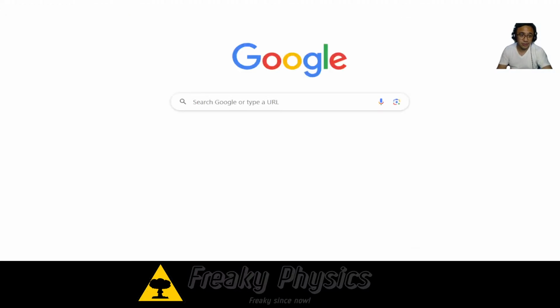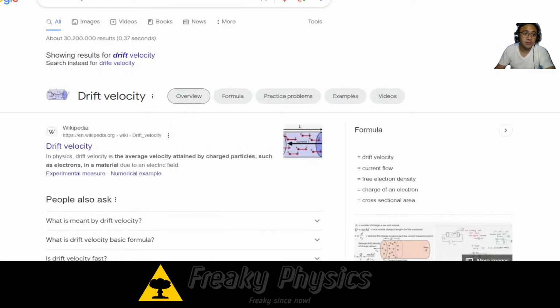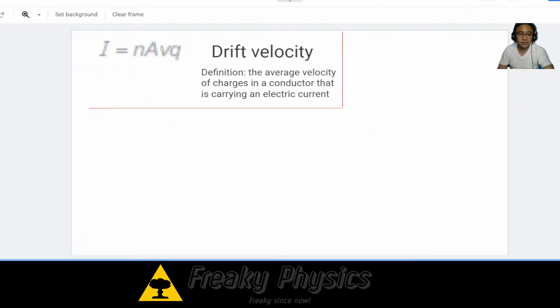Let me get a particular image first. Let's keep it easy to see. This one is from Wikipedia, so it should be open source.